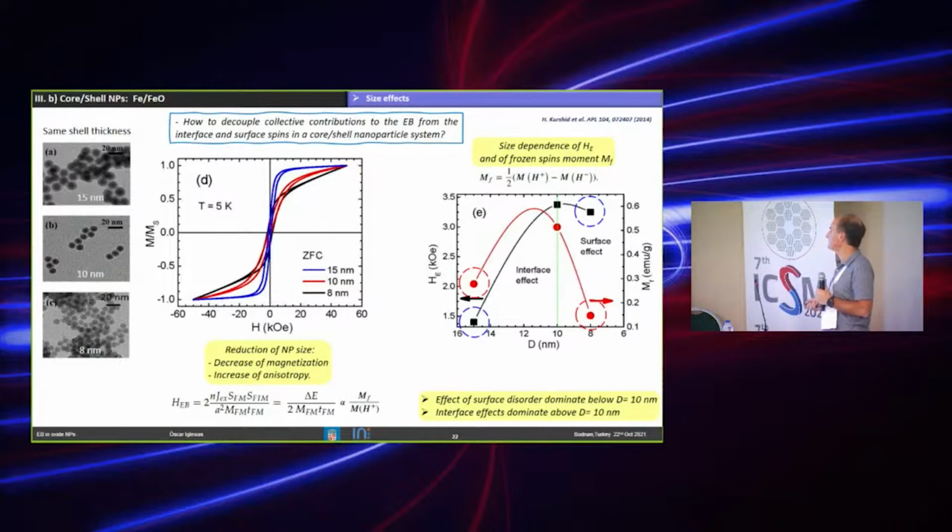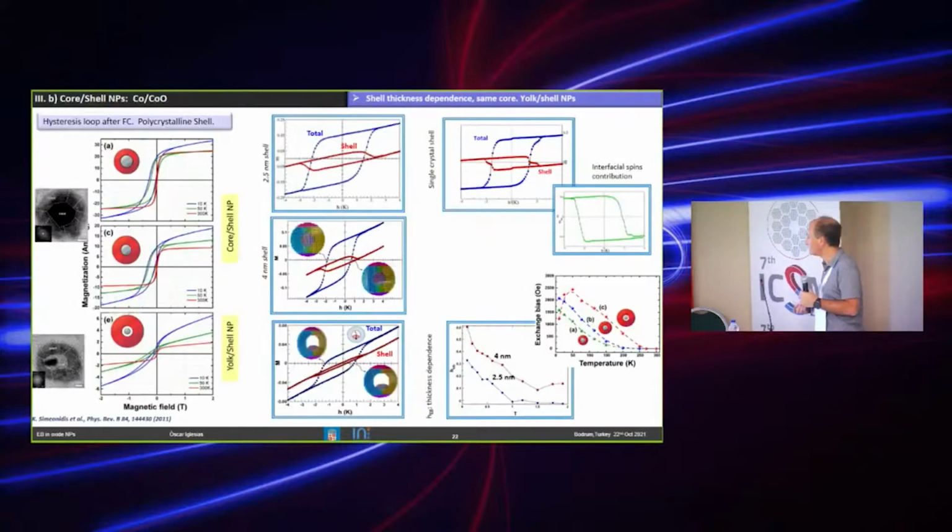What we see here is that the exchange bias for a big particle is lower than for a small one, whereas the fraction of frozen spins behaves in the contrary. So we see a change in tendency here, which separates interfacial effects for bigger particles from surface-dominated effects in the exchange bias for smaller particles.